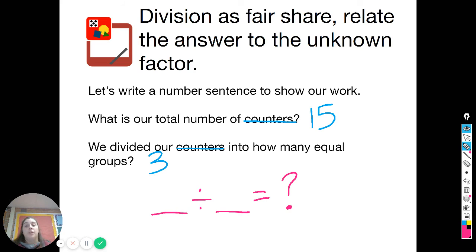That's what we had to figure out. So the first number is our total divided by the groups. Go ahead and write that equation and hold it up to the screen.